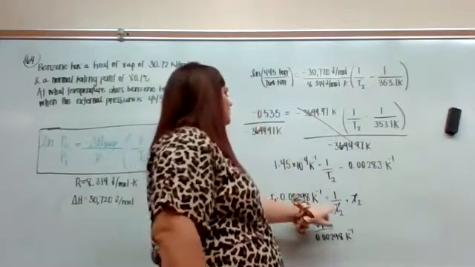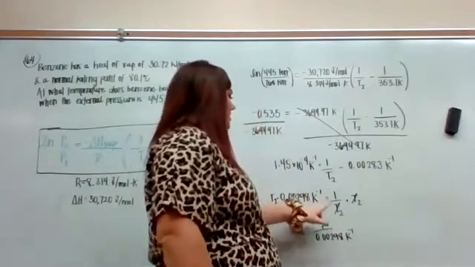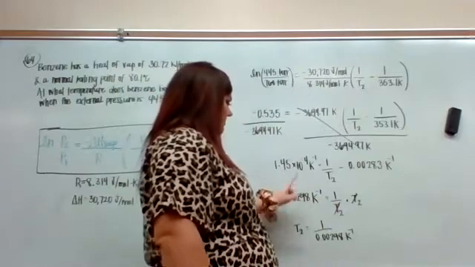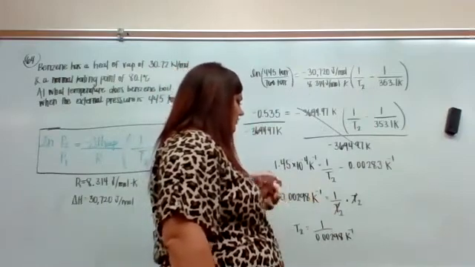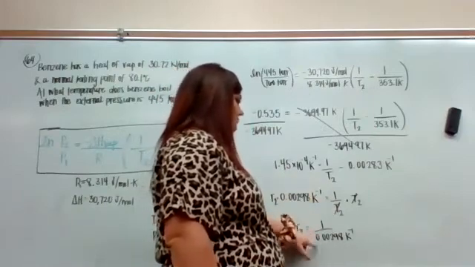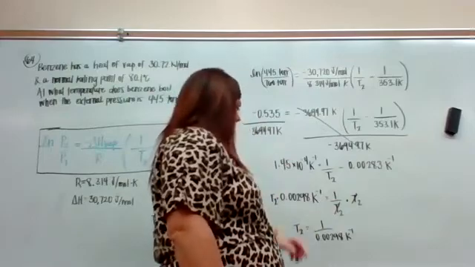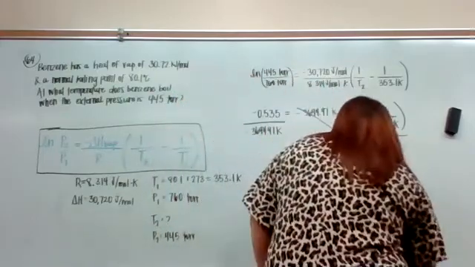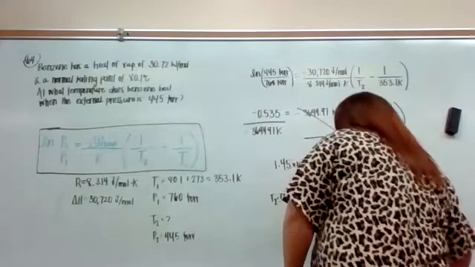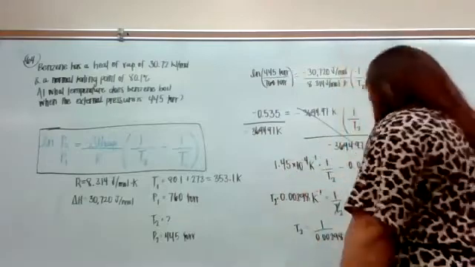Or you just cross multiply. T2 becomes top, this becomes bottom, and it's 1 over that. So when I plug that in, I get 336 Kelvin.